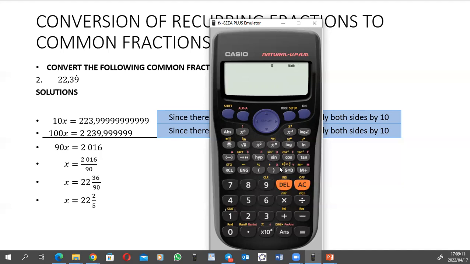Okay, let me just prove it this way. Let's see if it will convert it into a common fraction. Press the equal sign. There you go. So it gives you that 112 over 5, which is the same as the 22 that I just gave you.